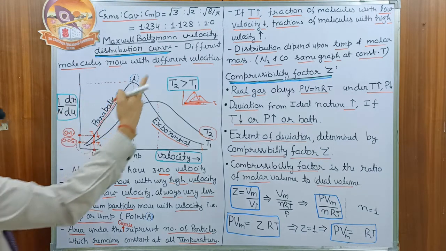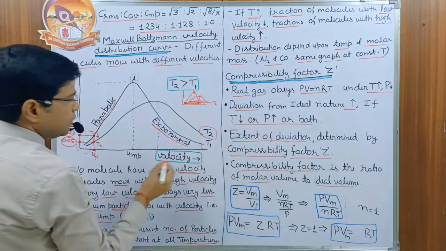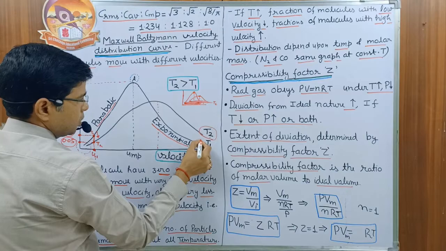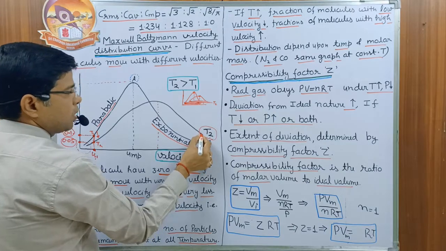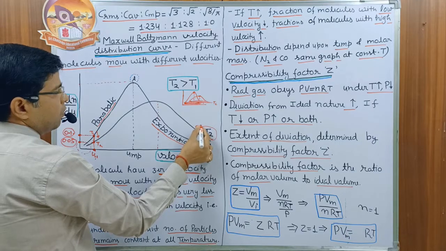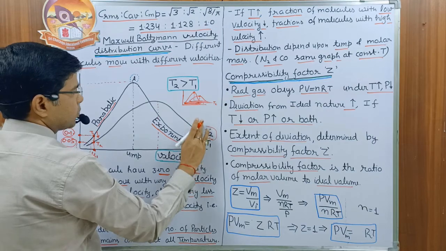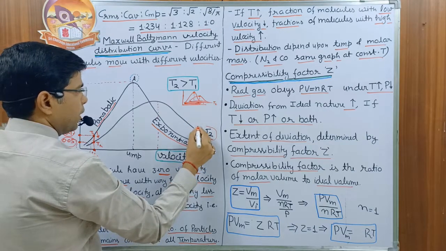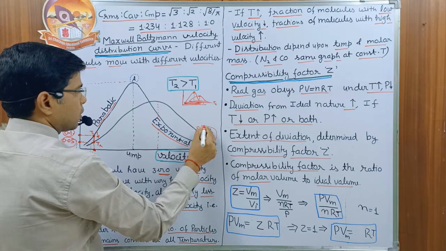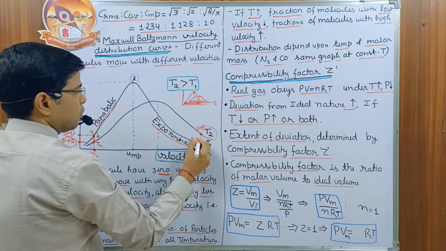Now we come to the higher velocity. Now you see, this is the fraction which is more, maybe I will take 0.15, and at this point I will take 0.05.